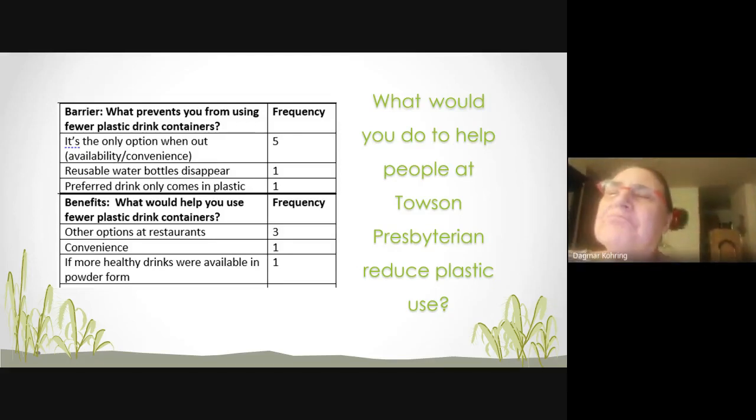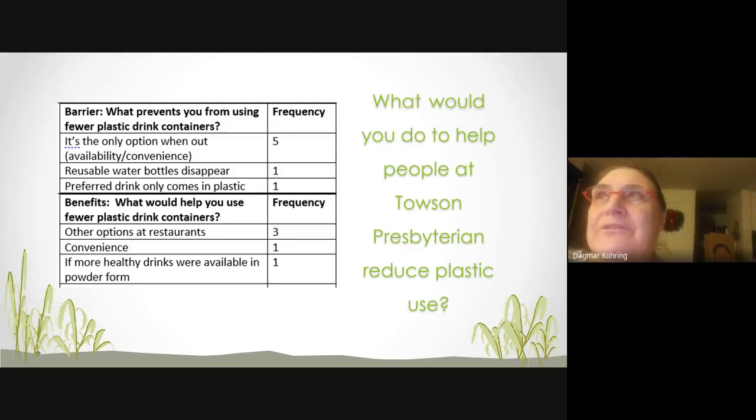How about a campaign to let restaurants make different choices? In other words, get other congregations together and focus on restaurants to see if they might change from plastic to something that's biodegradable. I don't know.